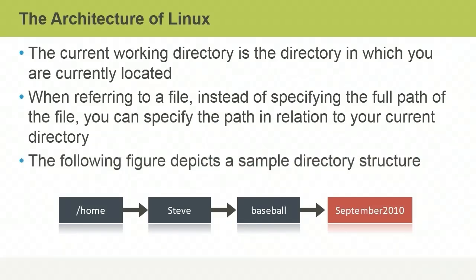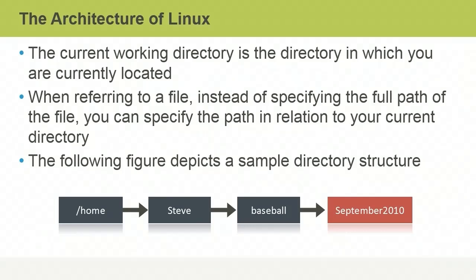For example, there is a folder structure which you can see over here where there is a file called September 2010. This file is present under the /home/steve/baseball folder. So the complete path of this file is /home/steve/baseball/September 2010.